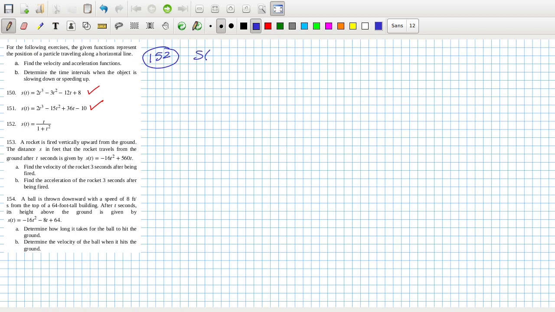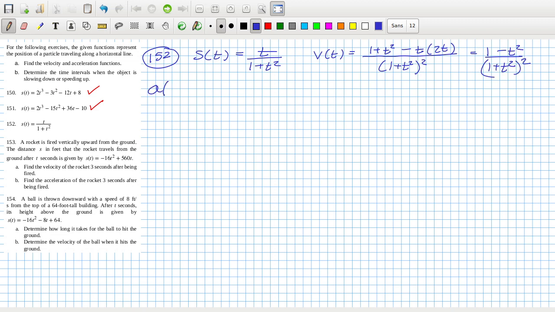152. St equals t over 1 plus t squared. So that means Vt, velocity, is the bottom squared, the bottom times the derivative of the top minus the top times the derivative of the bottom. So that would be 1 minus t squared, all over 1 plus t squared squared.